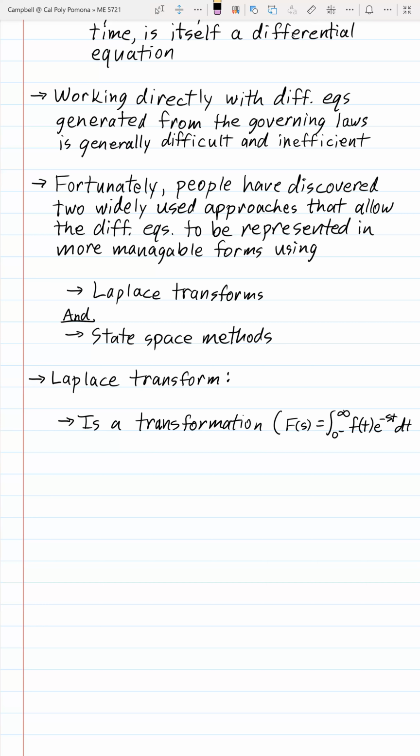So we evaluate that integral for f of t, and that will map f of t to this frequency domain function F of s.